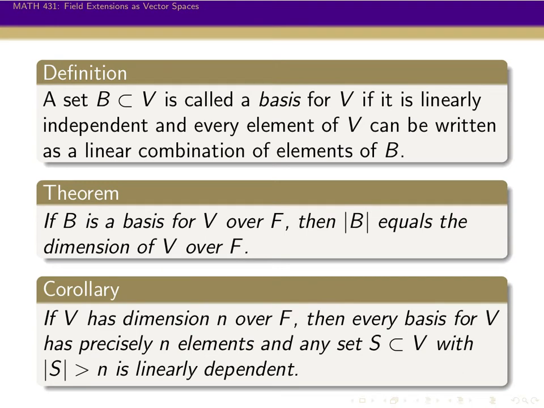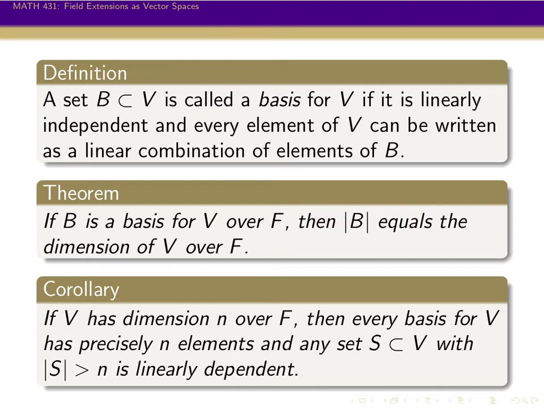And so let's even put that in. If V has dimension n over F, where n is finite, then every basis for V will have precisely n elements. And any set that has more than n elements can't possibly be a basis, and in fact, it has to be linearly dependent.